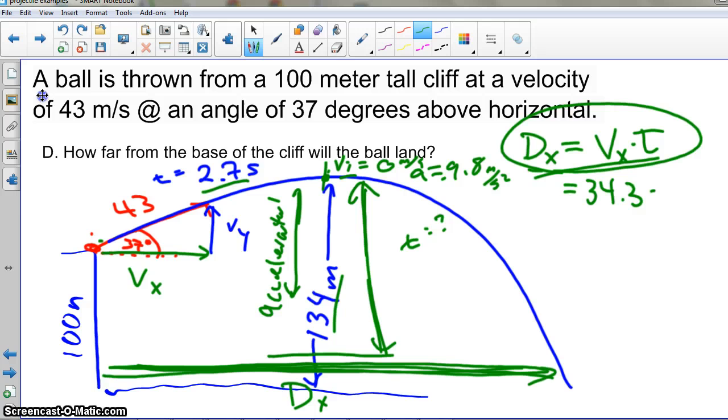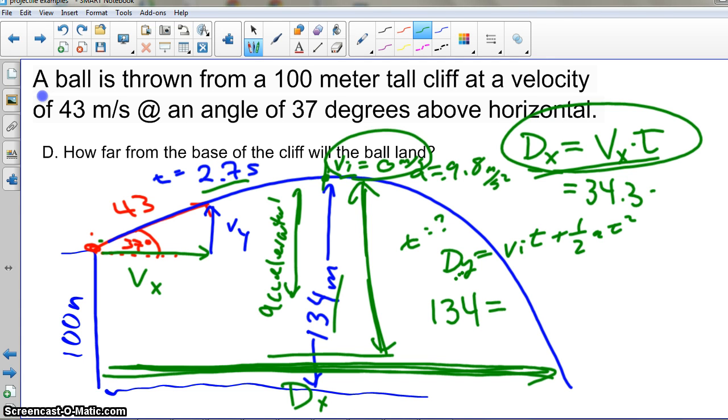And so dy equals vit plus half at squared can give us the time, because the y distance is 134. The initial velocity in the y, we said, was 0, and then one half of negative 9.8 t squared.